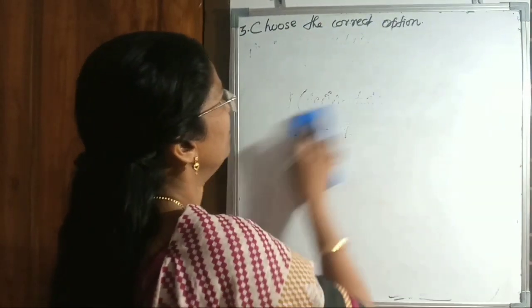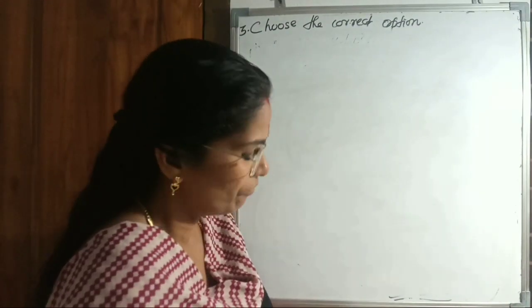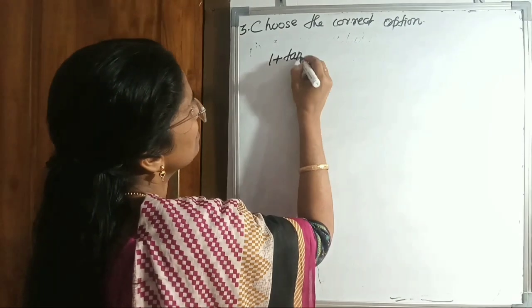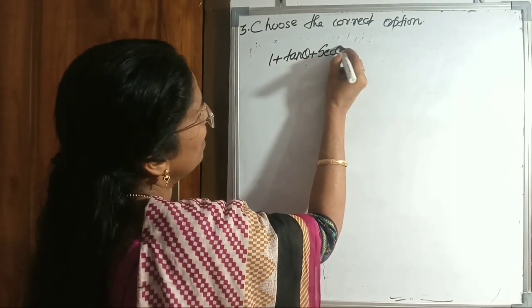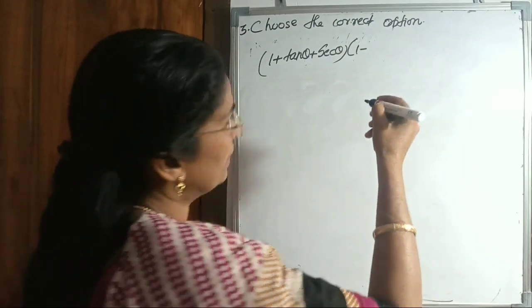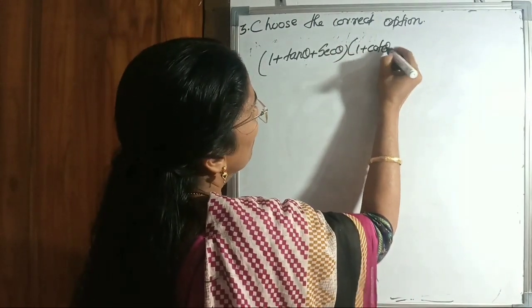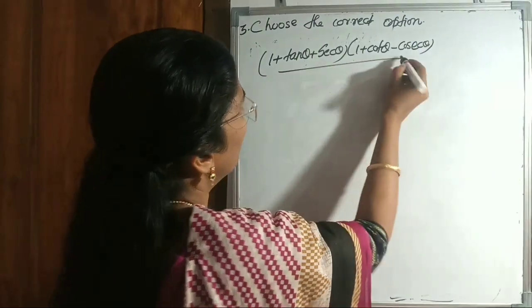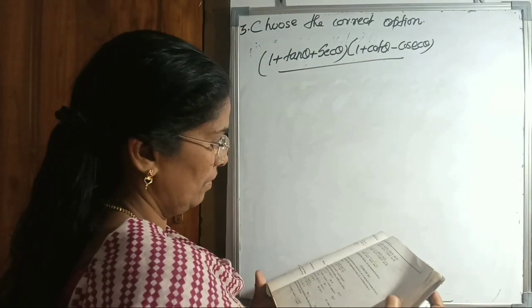And the second question: (1 plus tan theta plus sec theta) into (1 plus cot theta minus cosec theta) is equal to dash.